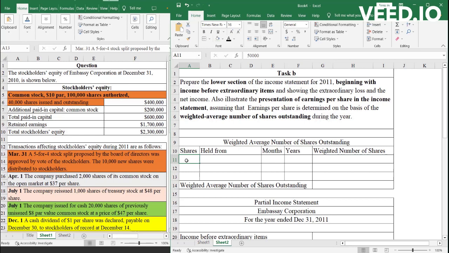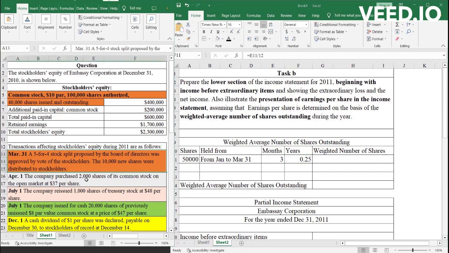So we can simply say that 50,000 shares were held from January to March. From January to March, this is 3 months, and in terms of years, this is equal to 3 divided by 12 or 0.25 years. So these are the first shares held.